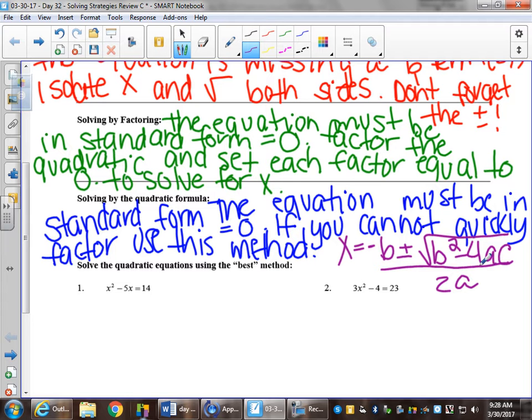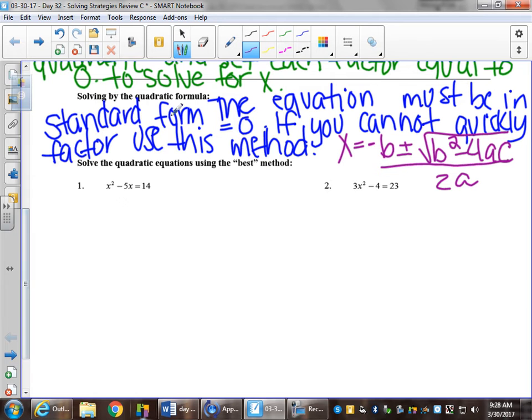The equation must be in standard form equal to 0. If you cannot quickly factor, use this method. And then I just wrote in the quadratic formula. So make sure you have that memorized for the second test too.